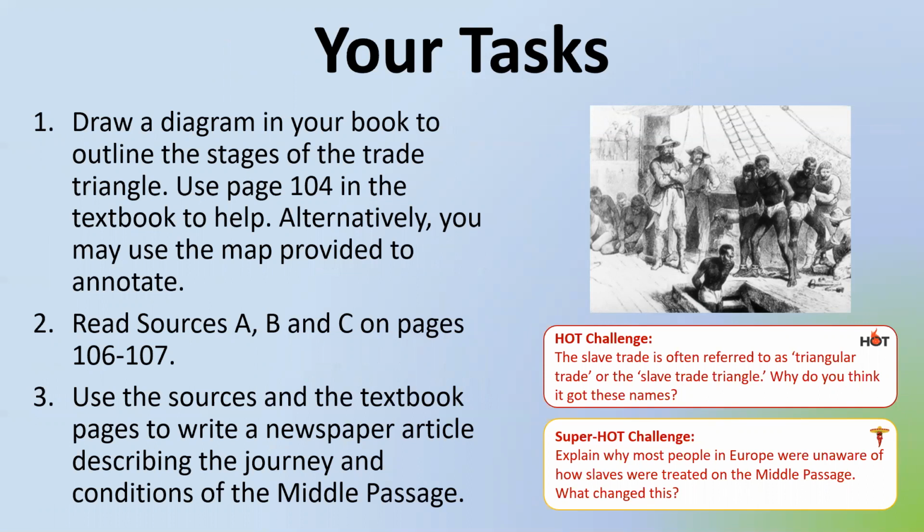You can try and draw an outline of the map, or I've actually given you a map that you can use and annotate the map if you have a printer at home, okay? But if not, you can even just simply draw the triangle, what is happening at each stage of our trade triangle. Then I would like for you to read the three sources on page 106 to 107.